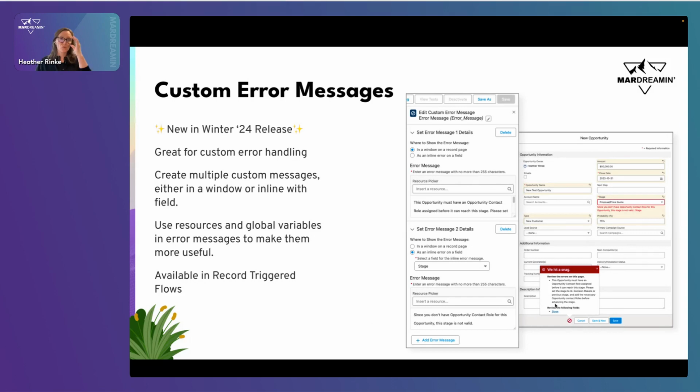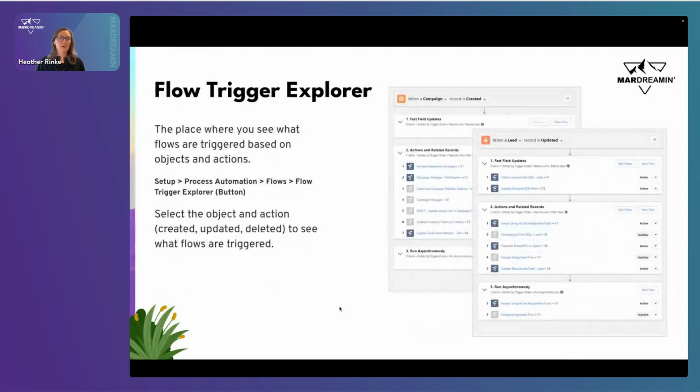I will say as well, you can create multiple messages. You can specify where they appear, whether in line with the field or in a window. And you can also add resources, so you can pull in resources from the record or other information, and you can customize them. So they don't have to be the same message across the board.